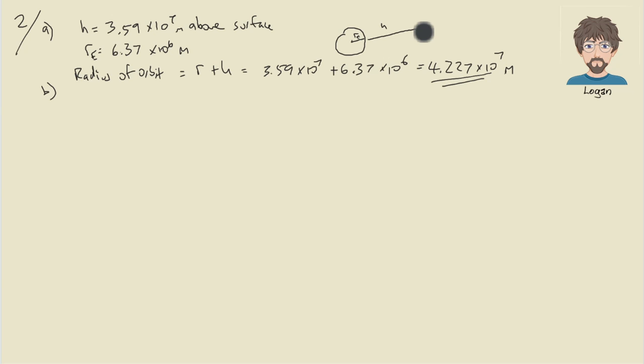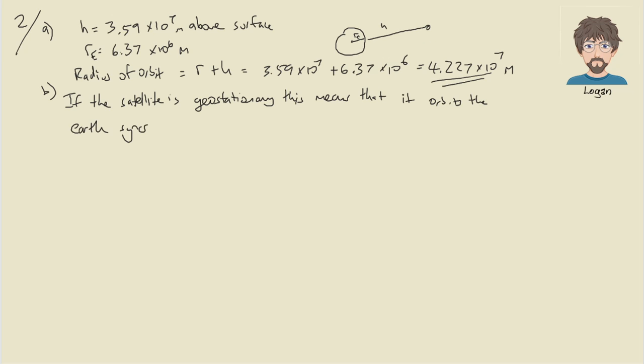All right, part B. Explain why the period of the satellite's motion is 8.64 times 10 to the 4 seconds. Well, if the satellite is geostationary, this means that it orbits the Earth synchronized to the Earth's rotation.